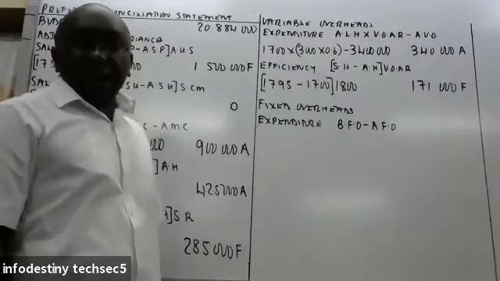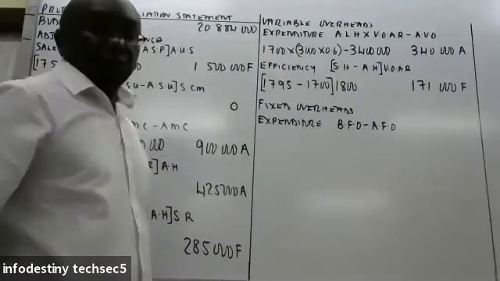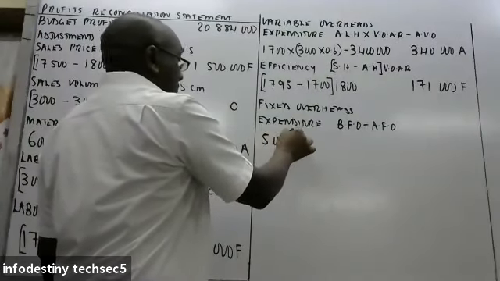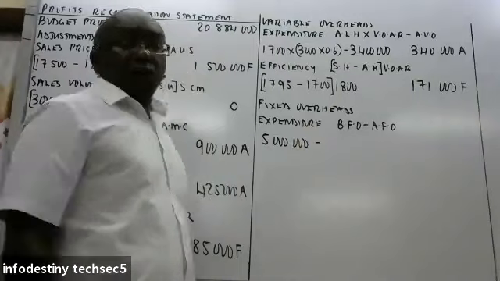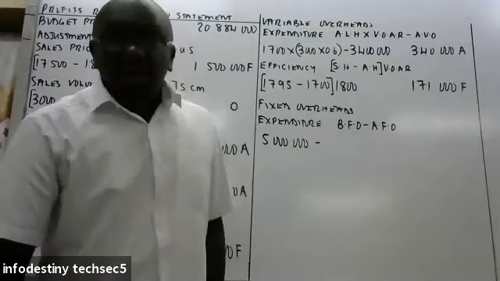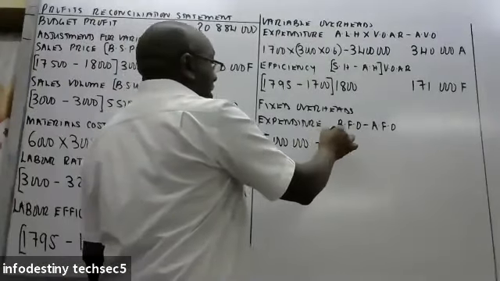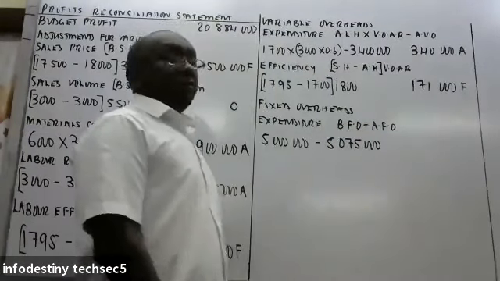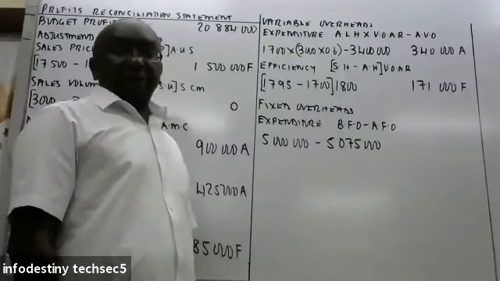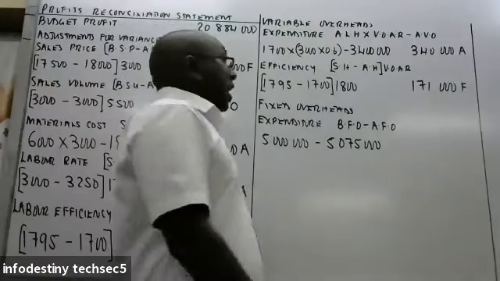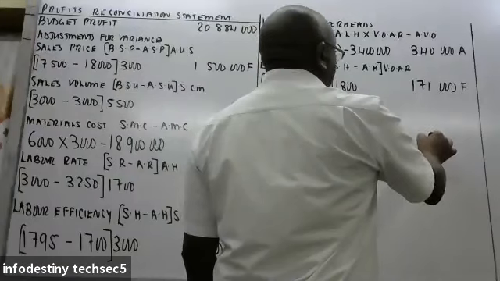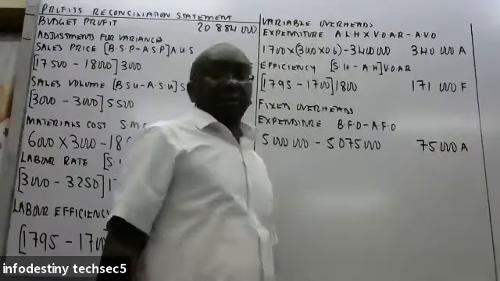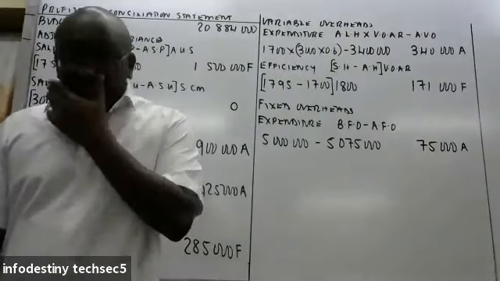According to our budget, if you remember the budget we have just drawn, the fixed overheads were 5 million. And when you go to the actual results, you will find 5,075,000. So that gives us 75,000, which is adverse.